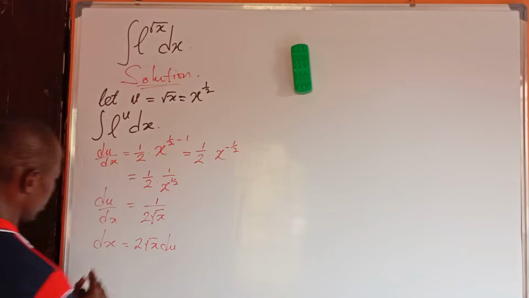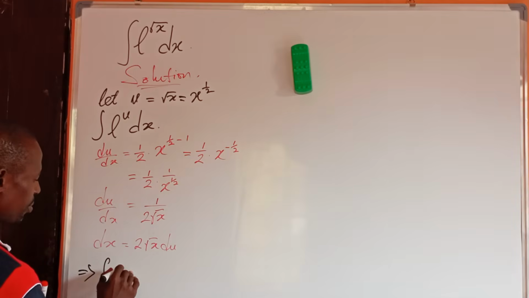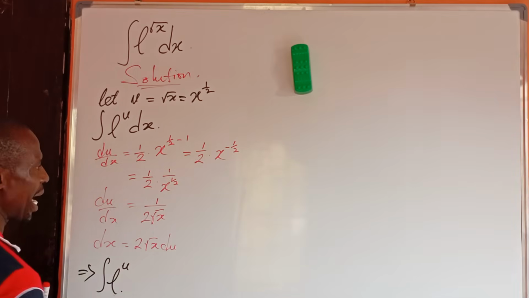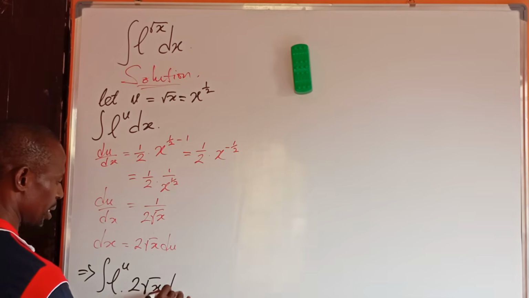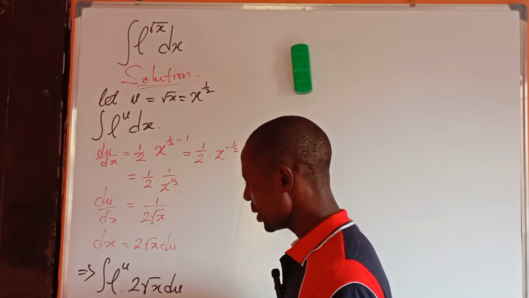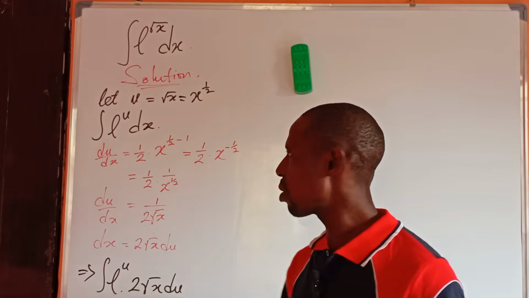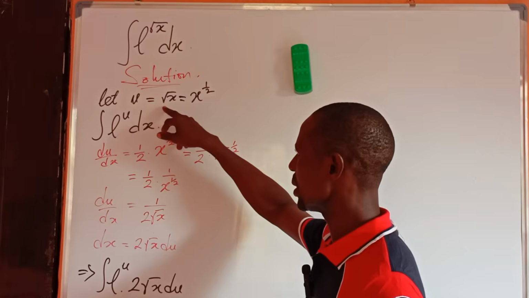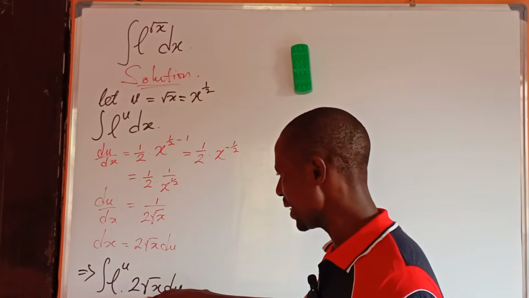So we can substitute this expression in place of dx. This now implies the integral of e raised to the power of u times 2 root x du. We still have a challenge here: we have du and we still have root x. So we recall where we said let u be equal to root x, and we can put u in here.